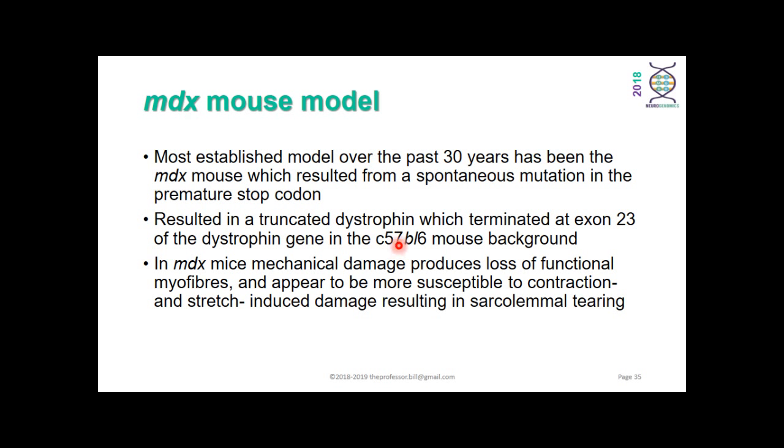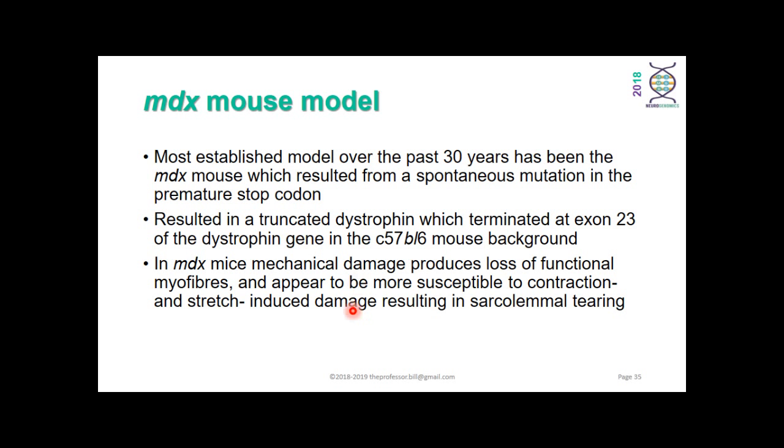And again, this is a C57 mouse, which is a very commonly used mouse in both biology and medicine. One of the things we see is that when the mouse is moving around, this mechanical damage, just as we would see in early development, results in the loss of functional myofibers.